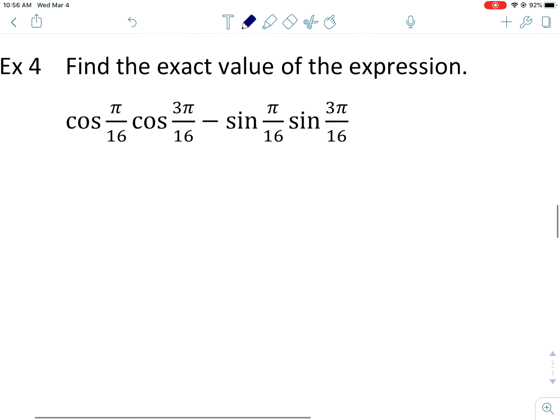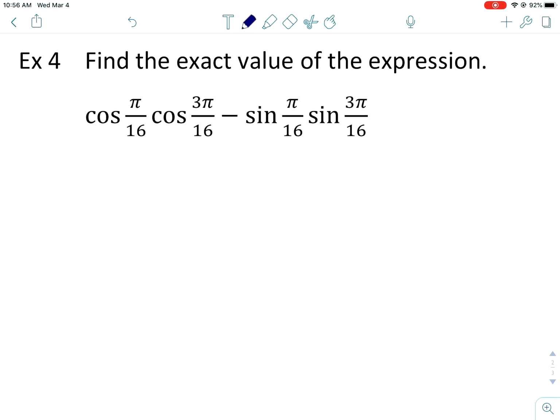Okay, and then this last one, we are going to do what we just did, but then it is going to be something we can figure out. All right, so we have cosine, cosine minus sine, sine. What does that look like? Yeah, so it's the cosine of u plus v. So u is going to be pi over 16. V is going to be 3 pi over 16.